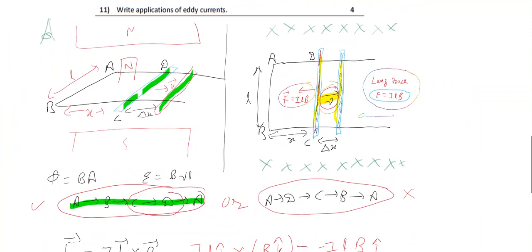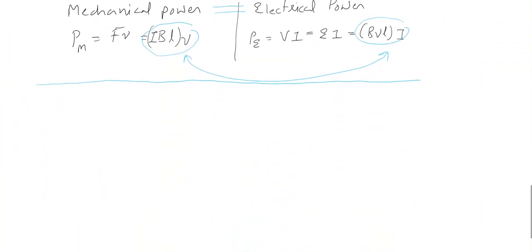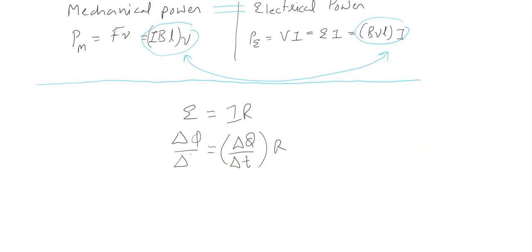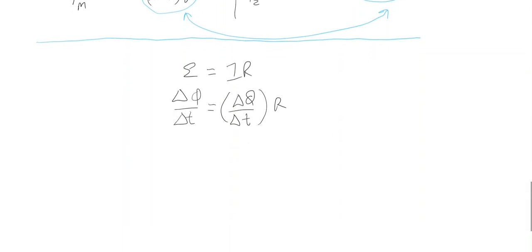Now, one more thing I would like to add here is that if I take Ohm's law, V is equal to I R, instead of V I am taking epsilon is equal to I R. We know that I is delta Q by delta T. Okay, and according to Faraday's law, this is delta phi by delta T. I am not considering negative sign because I am talking only about magnitude.